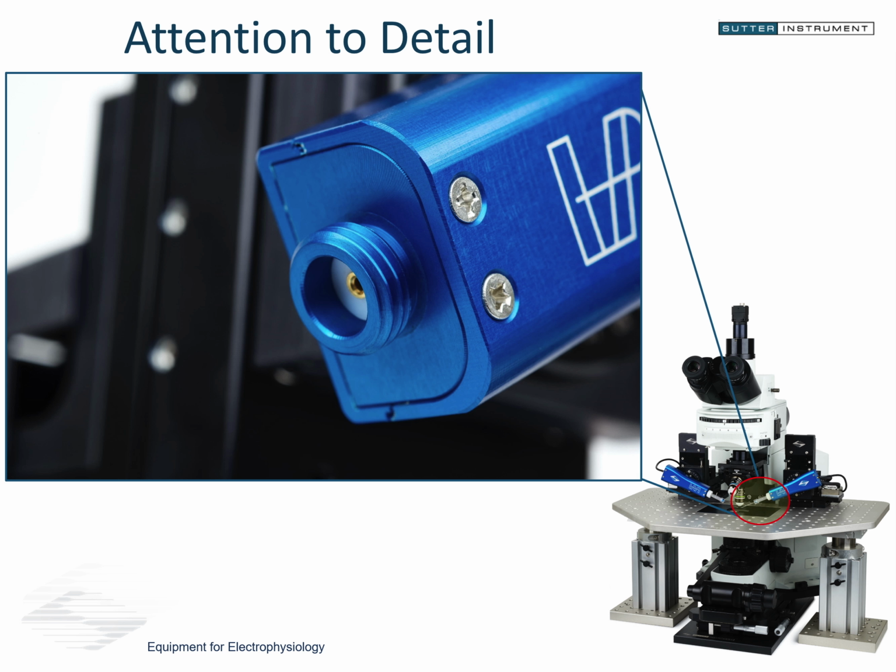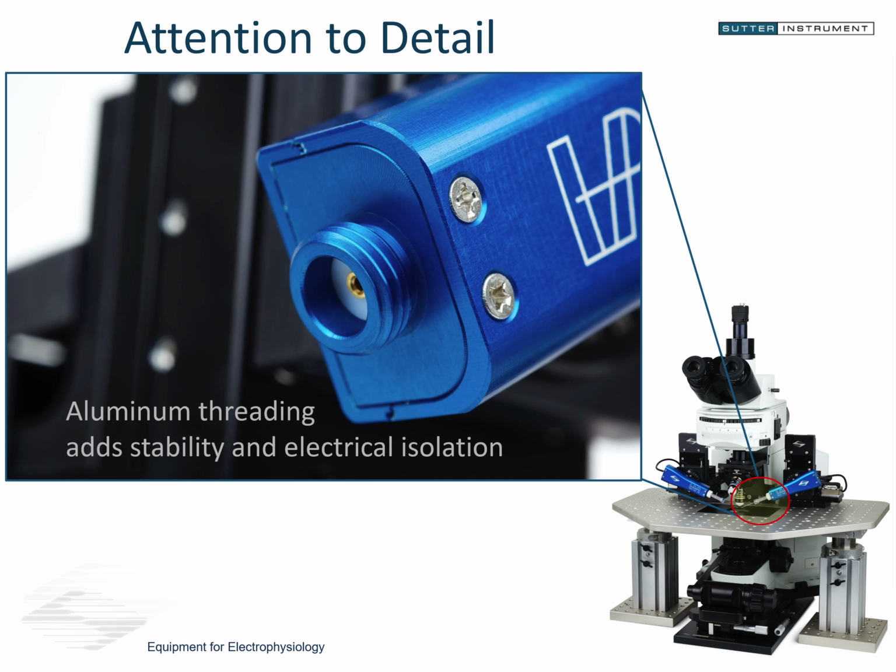So what we're looking at here is the tip of the head stage. These are the threads on the end of the head stage that the pipette holder will thread onto. It's important to note that the cap of the head stage, the Teflon connection that threads over this, if you're mounting Teflon to Teflon, does not create a very stable surface. If you're mounting Teflon to things, generally you want a harder, more solid and rigid surface that it's being mated to.